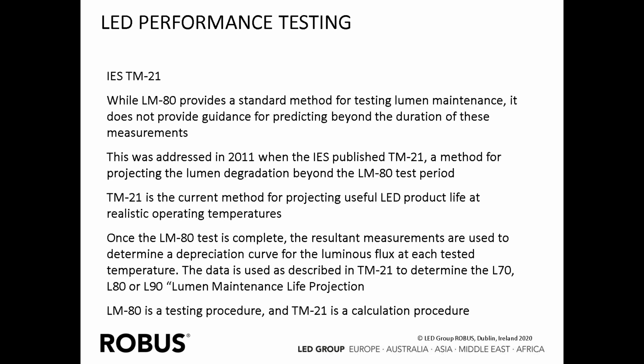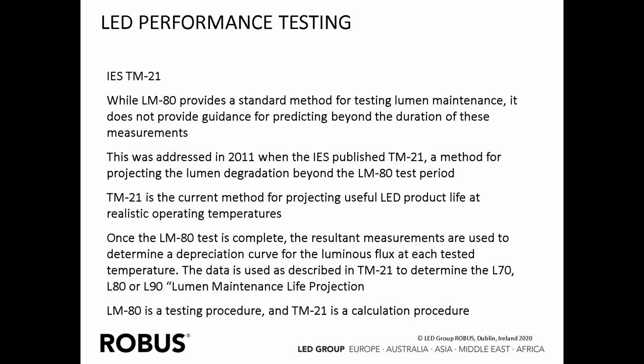So that's 55, 85, and a third manufacturer nominated test temperature. The data is used as described in TM21 to determine the L70, L80, or L90. In fact, any percentage of lumen maintenance life projection.